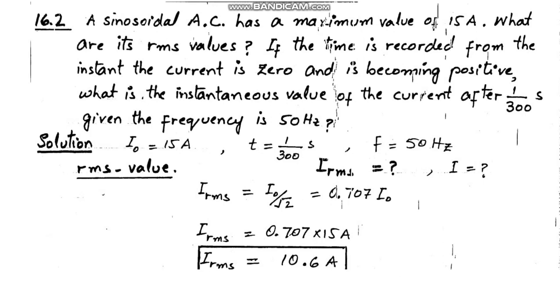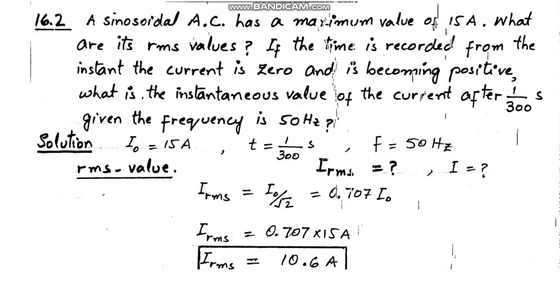In the second numerical statement, a sinusoidal AC has a maximum value of 15 ampere. What is its RMS value if the time is recorded from the instant the current is 0, and it is becoming positive?